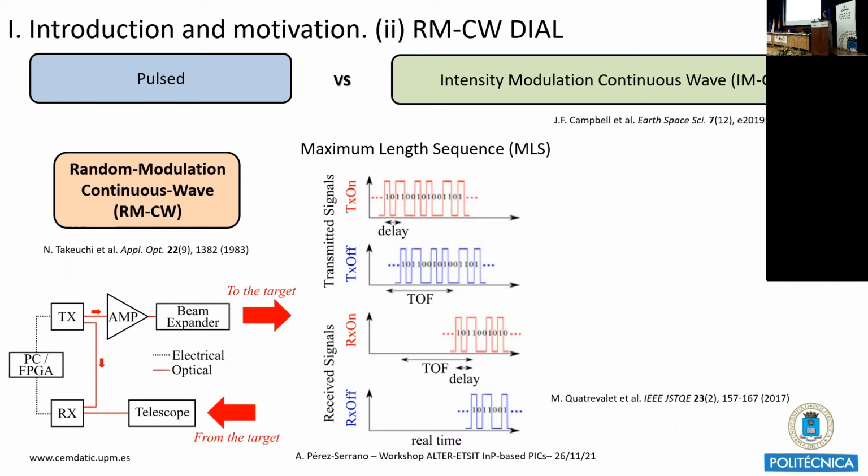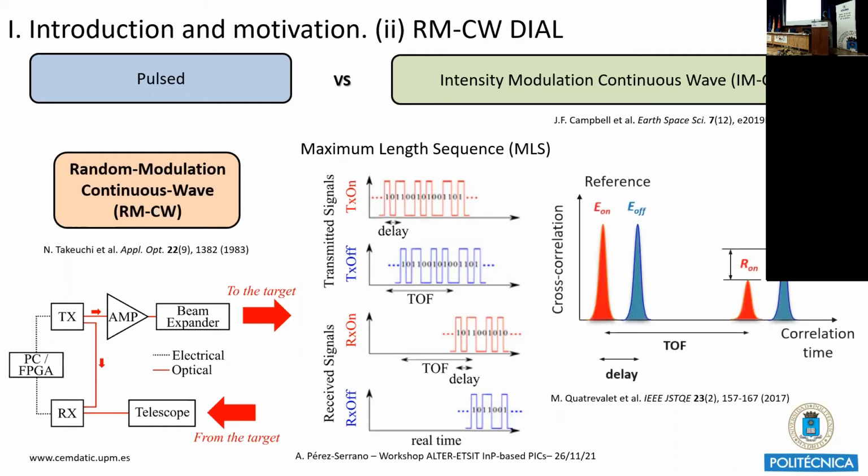The random modulation continuous wave technique consists in using maximum length sequences or pseudo-random sequences. We use these signals for the transmitted signals at the online and offline wavelengths, with a delay between them. Then the light is sent to the target, interacts with the atmosphere, and is returned to the system, and we receive a similar signal, with a lot more noise added, but with a delay of these pseudo-random bit sequences.